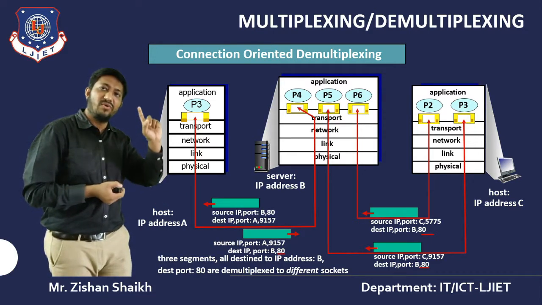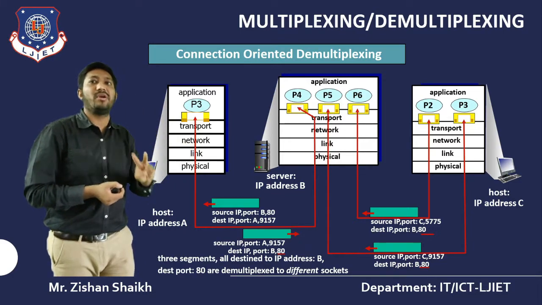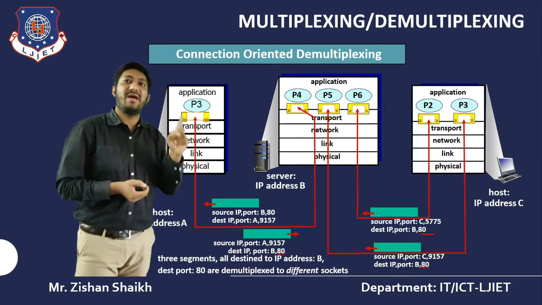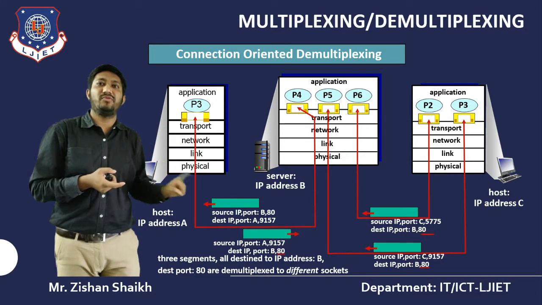The first requirement is the source and destination IP address, and the second requirement is the port number. When I send the request, I need to send the source IP address and source port number, as we can see here.